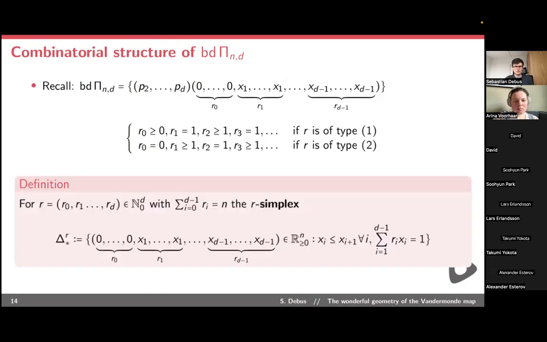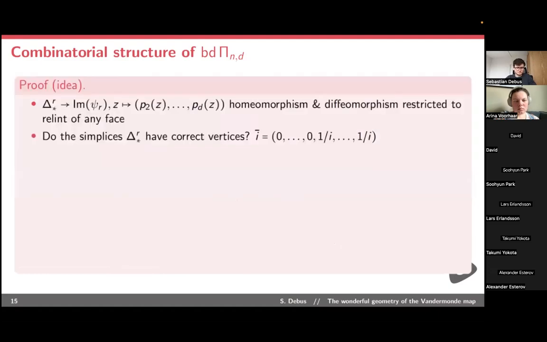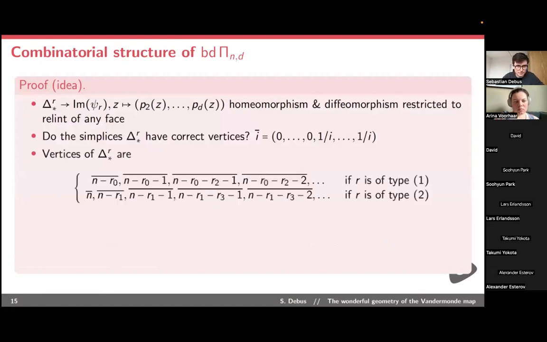Then we associate to each of those multiplicity type vectors r a simplex, consisting of all points of the form whose values sum up to 1. Then you can take the union of all of those r simplices, and this union, when you evaluate it correctly, gives you precisely the Vandermonde boundary of this Vandermonde map. Let me skip the proof maybe.